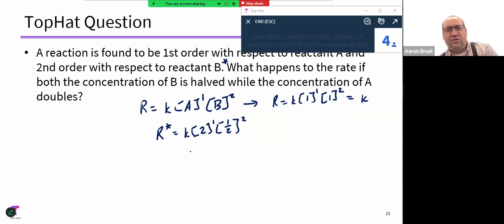Well, that would be equal to K times 2 times 1/4. 2 times 1/4 is 1/2.